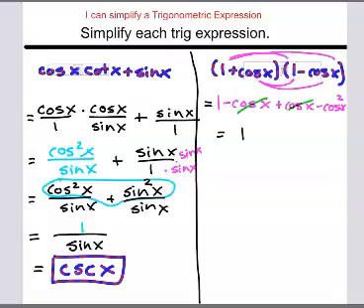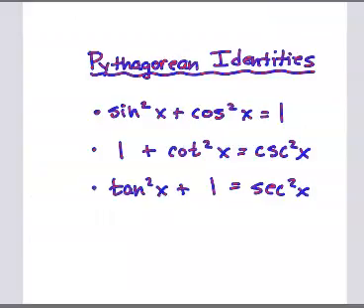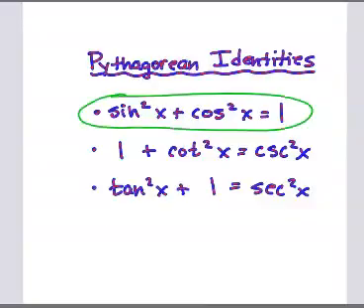And this is 1 minus cosine squared. Okay, well, I can probably put these two together, but I'm looking at that and I see a 1 and a cosine squared. So I'm going to go back to my identities. And that looks like I might be able to use this here in some fashion.